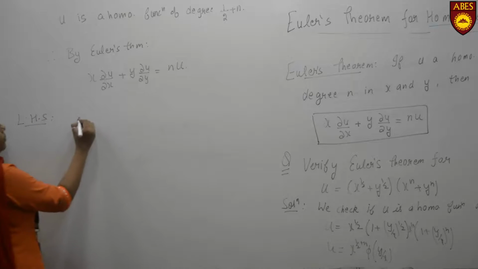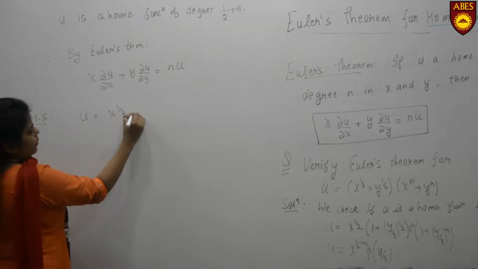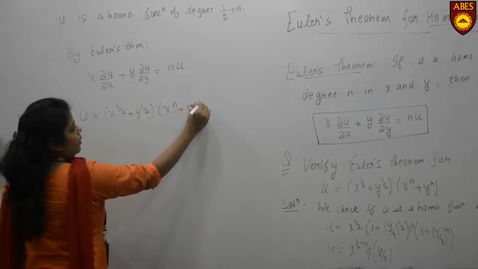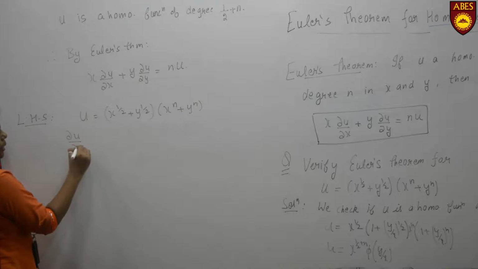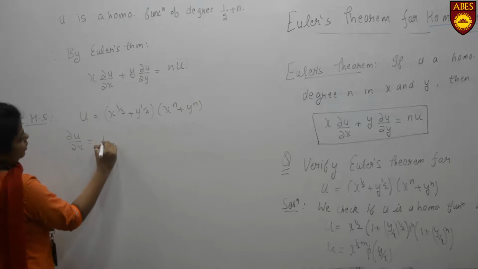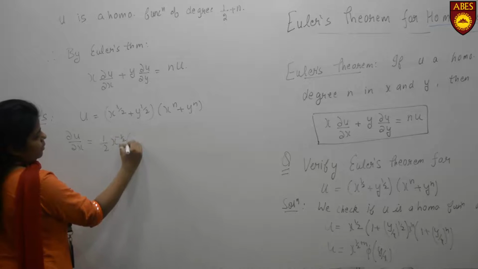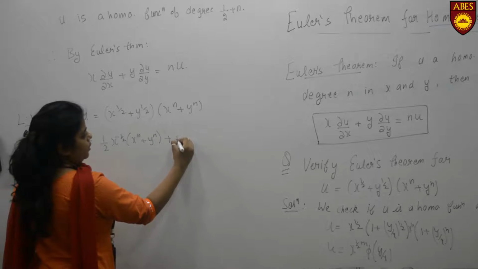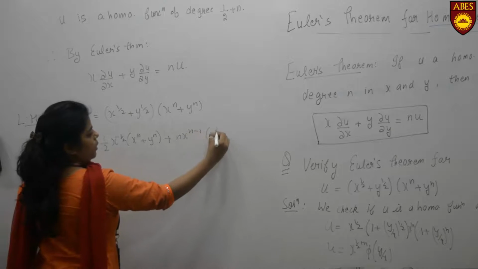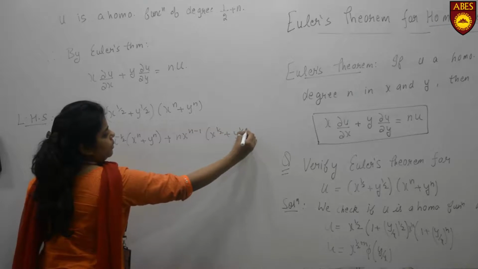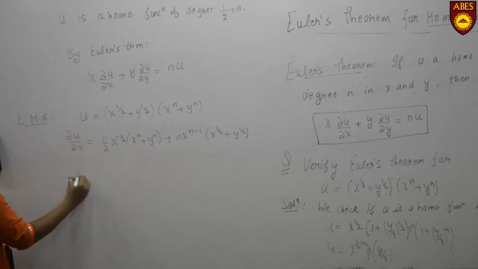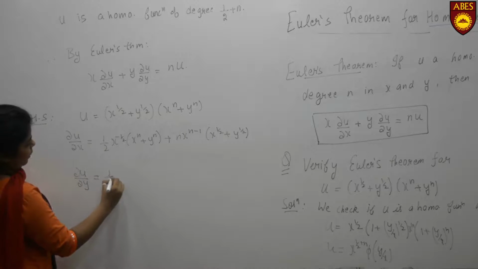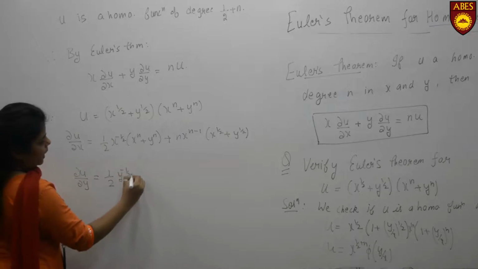Left hand side. Del u by del x comes out to be, plus x power half plus y power half, del u by del y, it comes out to be y power minus half.